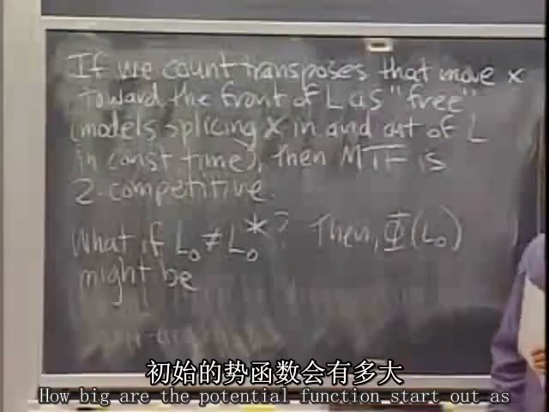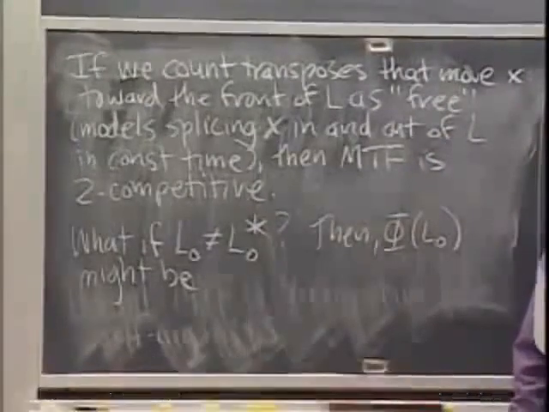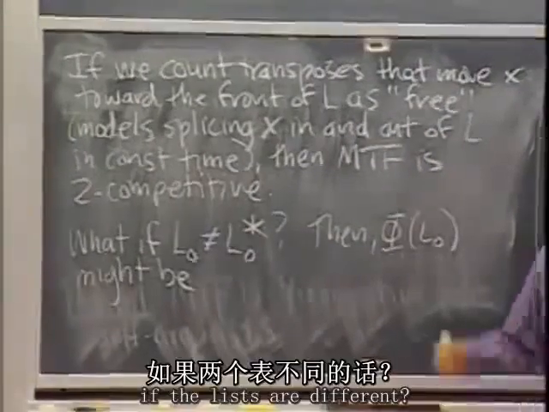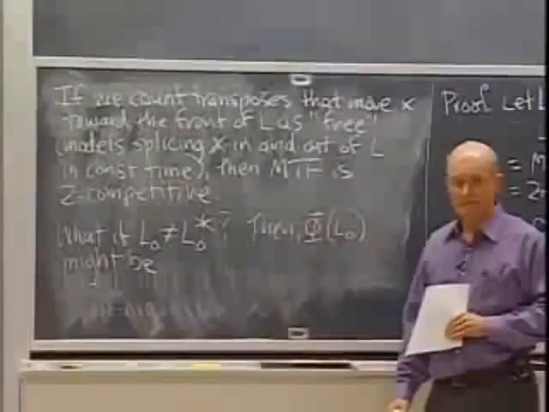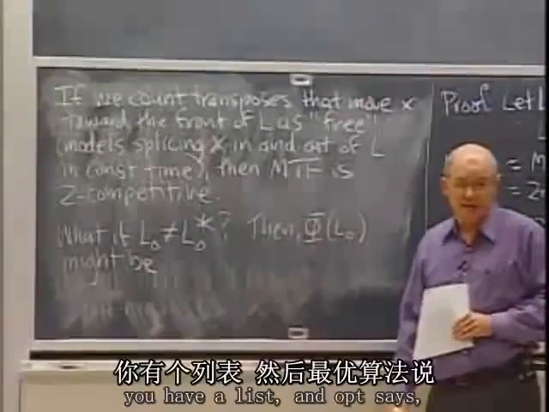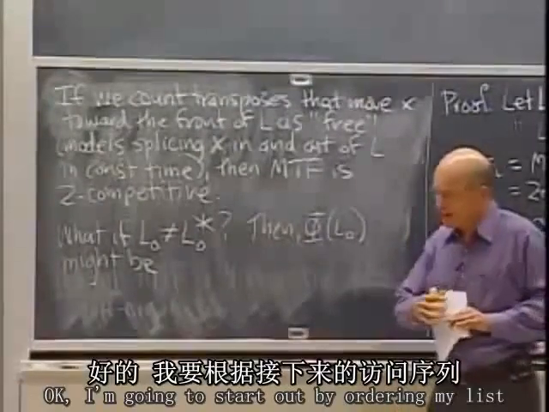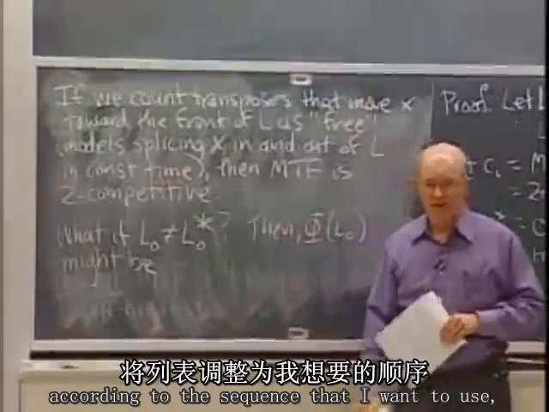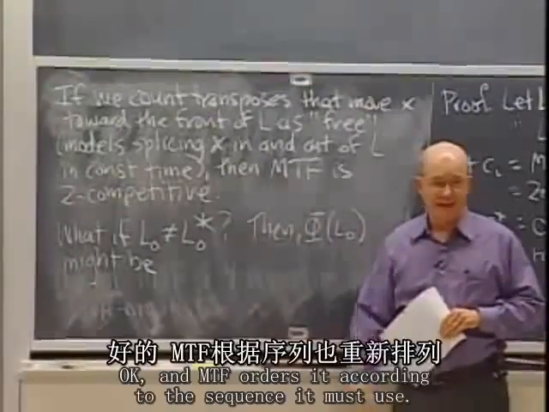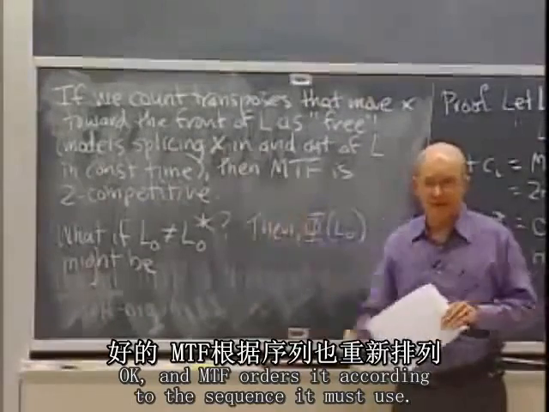How big could the potential function start out as if the lists are different? Suppose we're starting out, you have a list, and OPT says, I'm going to start out by ordering my list according to the sequence that I want to use, and MTF orders it according to the sequence it wants to use.